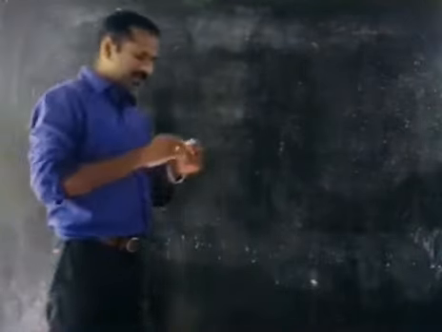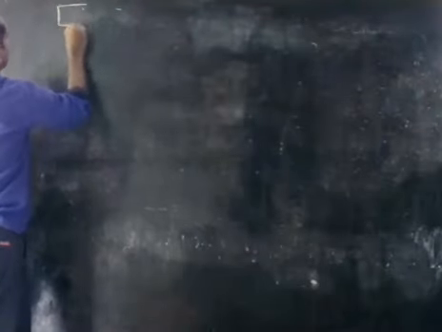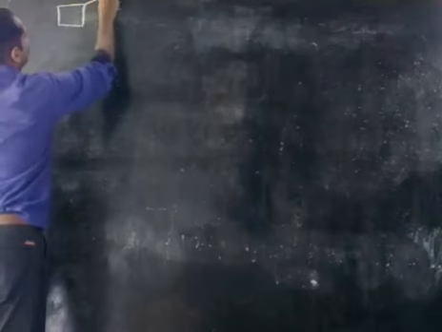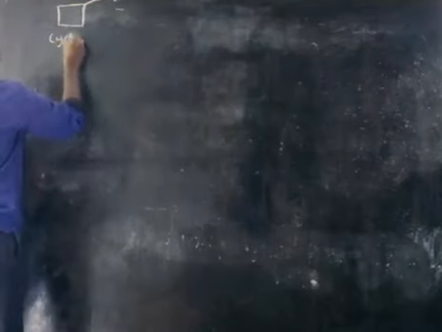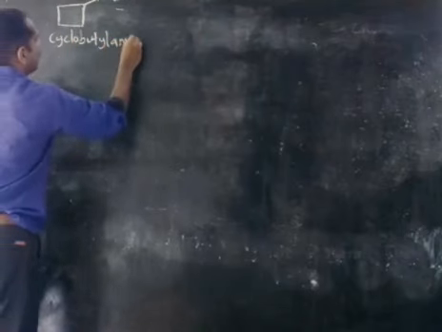A classic example we are taking involves the Demjanov rearrangement. Look at the particular reaction. Here it is NH2. The name of the compound is cyclobutyl amine.